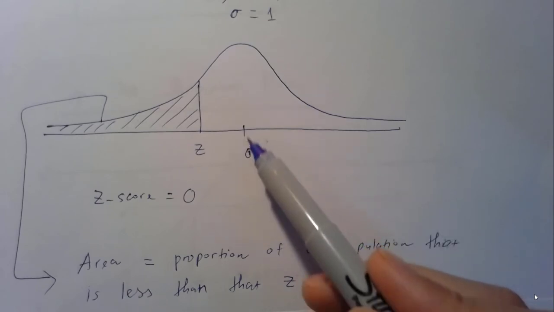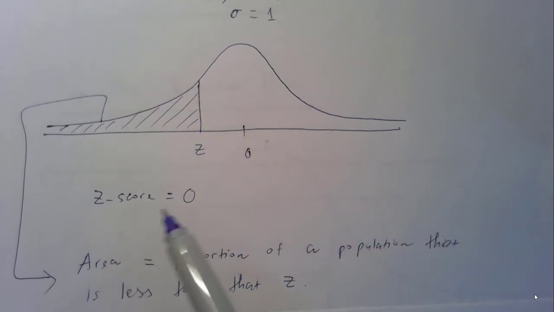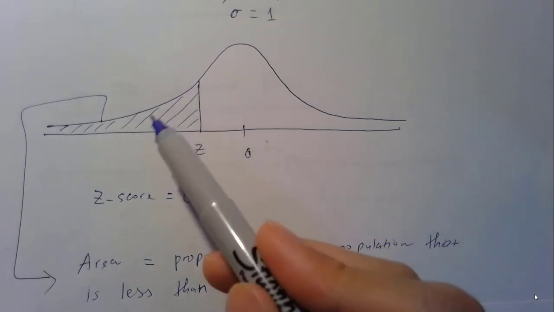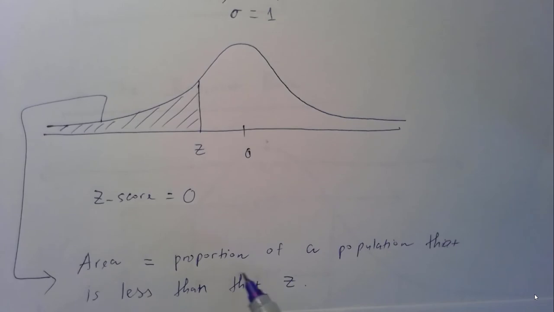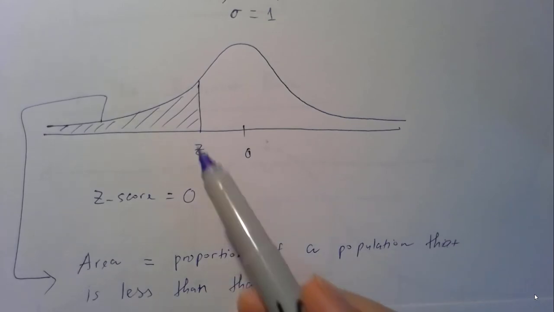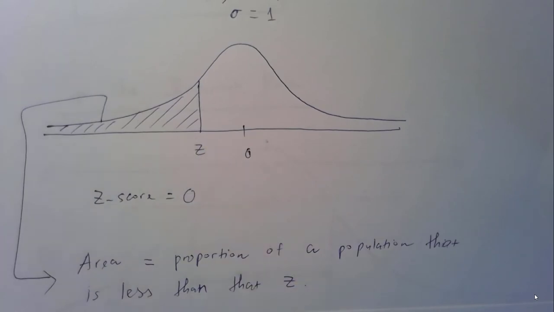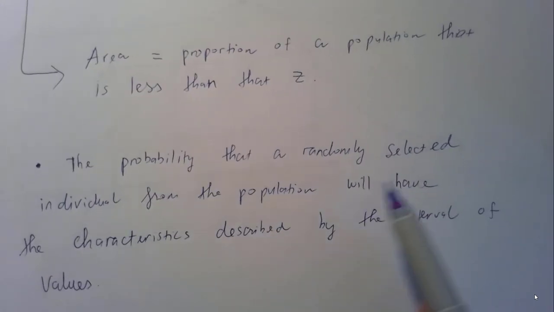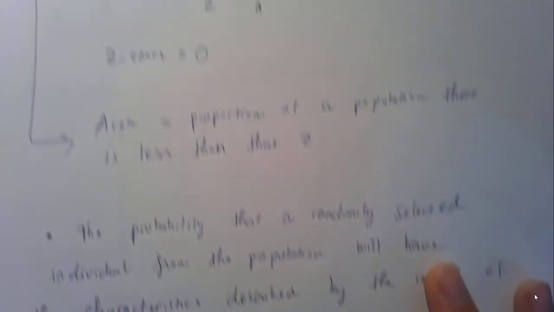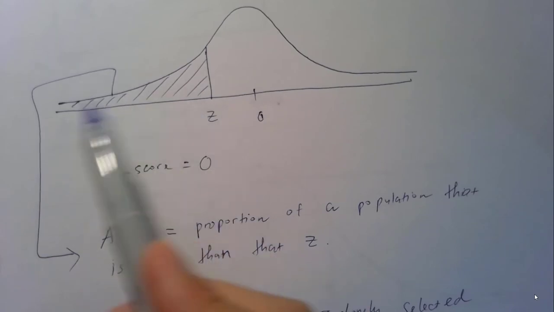The center right here is where your z-score is equal to 0. The area under the curve is the proportion of the population that is less than or equal to that specific z value. We can also say that it is the probability that a randomly selected individual from the population will have a value inside that interval.